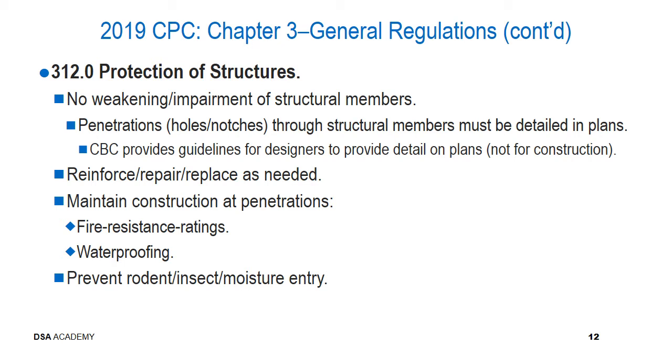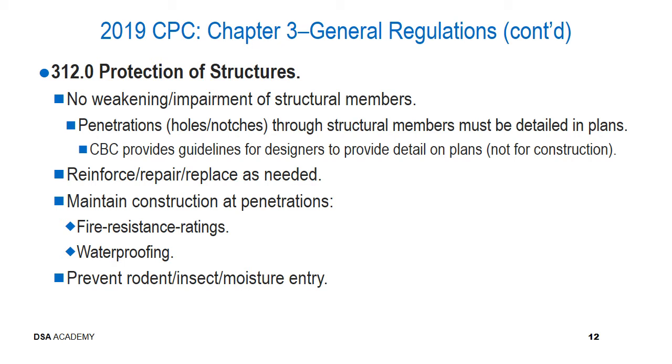In fact, penetrations, either holes or notches, what have you, through any structural members must be detailed specifically in the plans. The California Building Code provides some guidance, obviously, to designers to provide these required details on the plans.